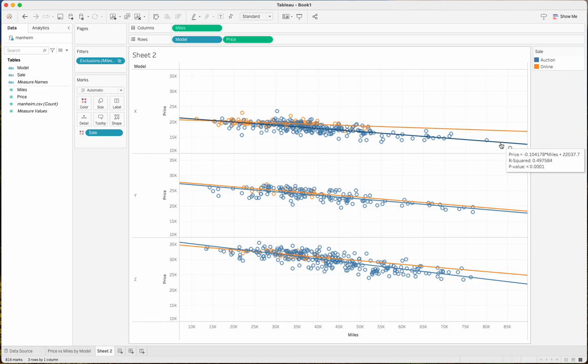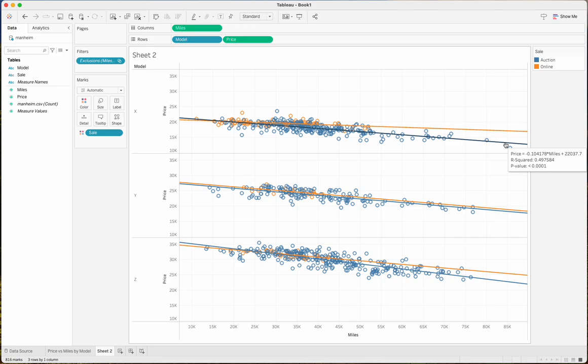So what do we actually see? We see that the effect of miles on the price of the car is smaller if the car is sold online, right? And so for cars sold online, the additional mile on the car reduces the price of the car by 4 cents.